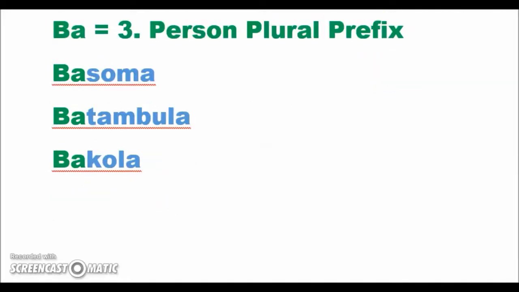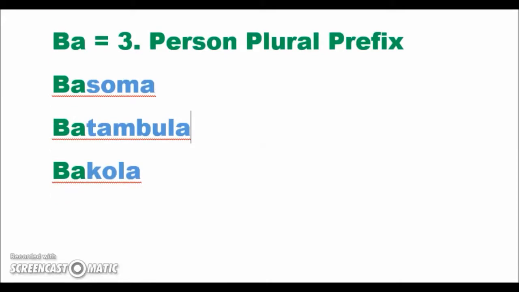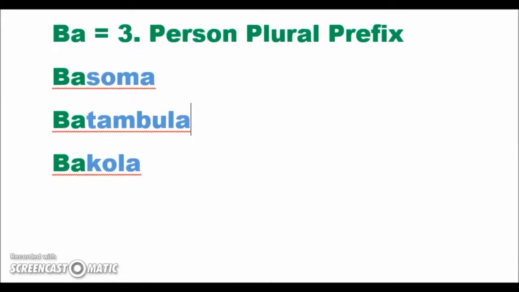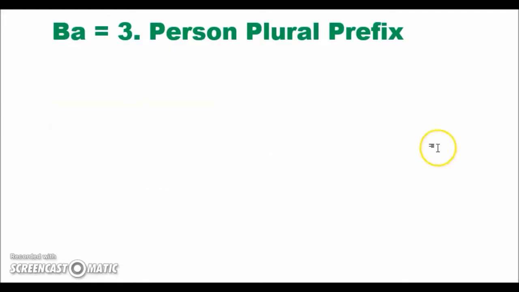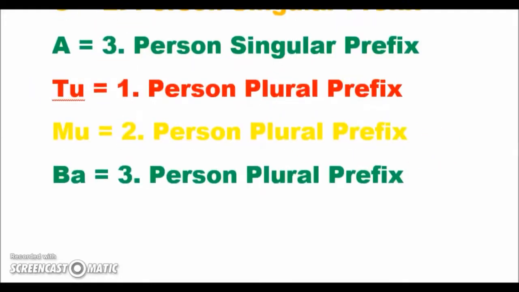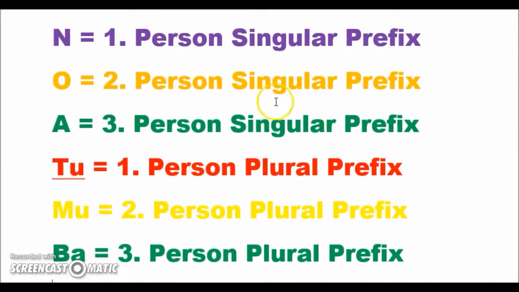So now that we have covered all the prefixes for people, for regular verbs, there will be some exceptions, just to warn you, but for now that's enough. So let's take a look at the whole table. There we go. That's it.